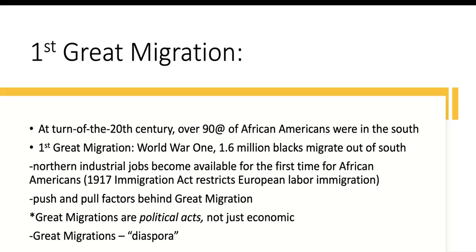And of course, because they're moving north, now African Americans' voting freedoms are now restored, right? So ultimately, this gave African Americans new voting power, and therefore it shifted the political landscapes of many of these northern cities.